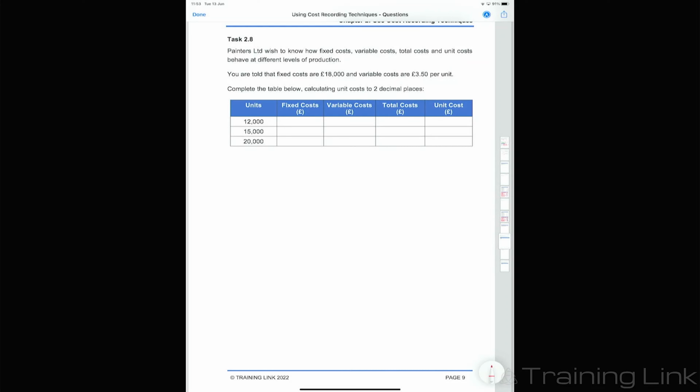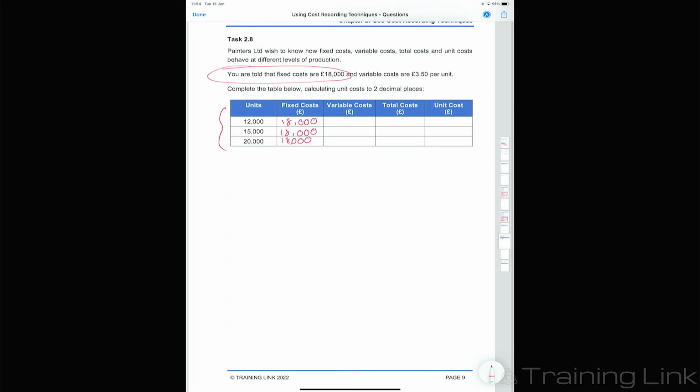So when you're tackling these type of questions, the best place to start is with the fixed costs. So we're told that fixed costs are £18,000. Okay, and we know that our fixed costs are the same regardless of the units that are produced. Okay, so for all of these units produced, the fixed cost is going to be 18,000.